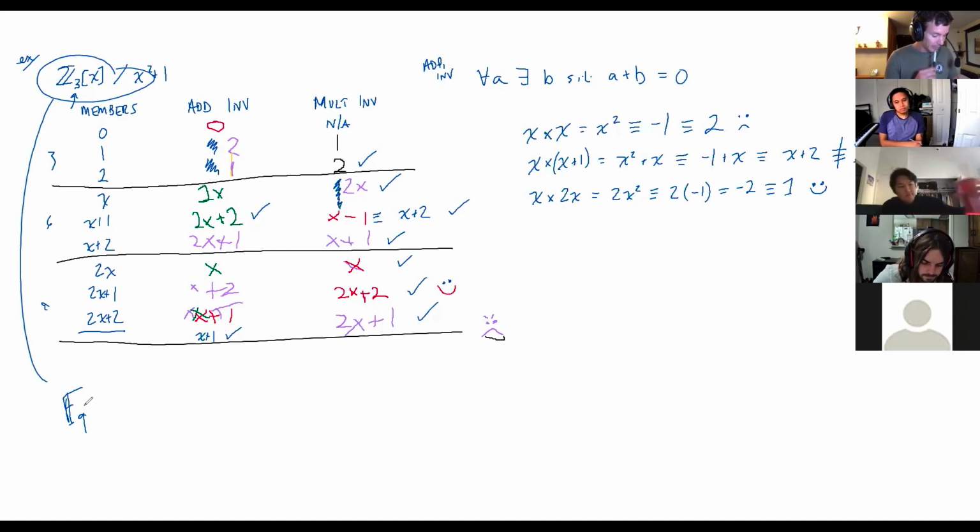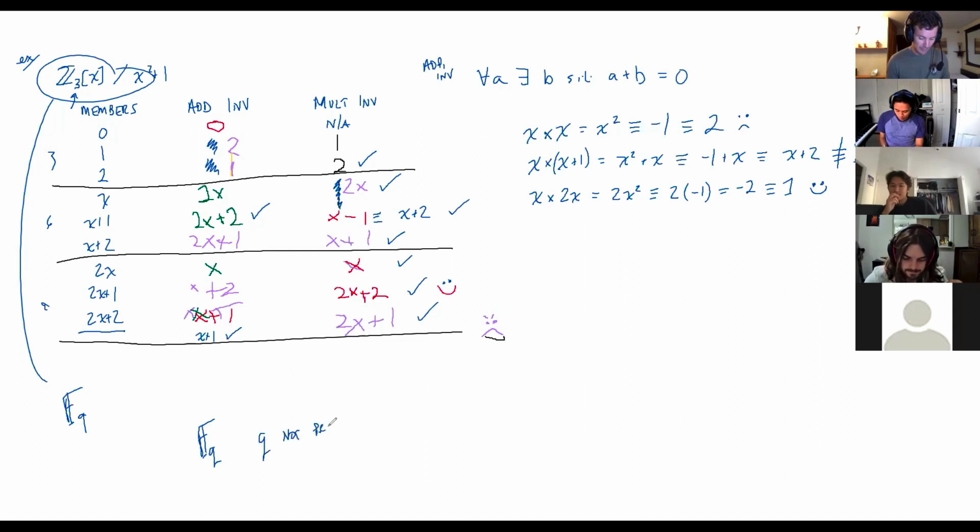Okay, so I think we've established that you can populate these non-prime sized fields if you look outside integers into the realm of polynomials. And this is in general a way to do it for F sub q, where q is not prime or q is composite: you can find these fields if you look into the polynomials modulo an irreducible polynomial.